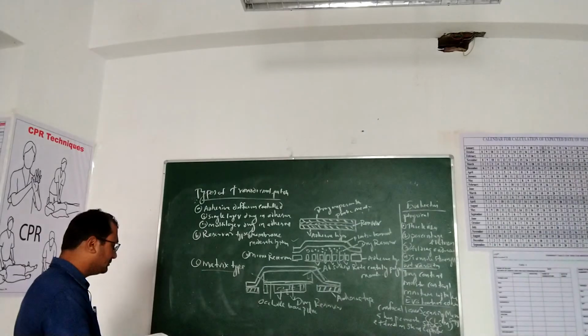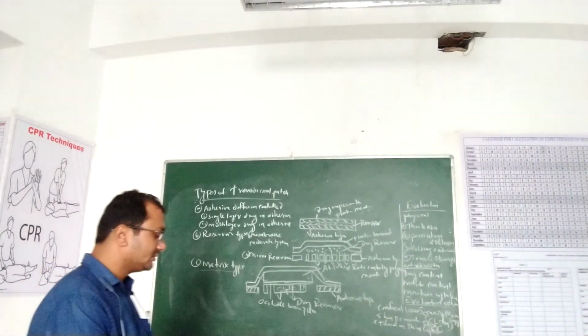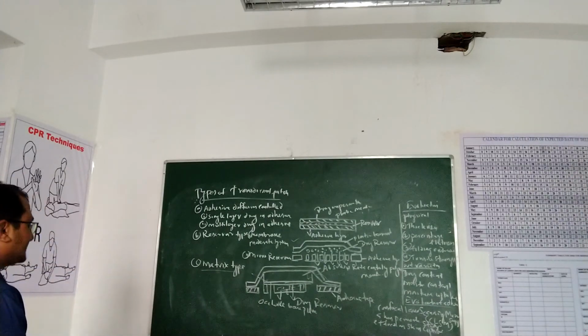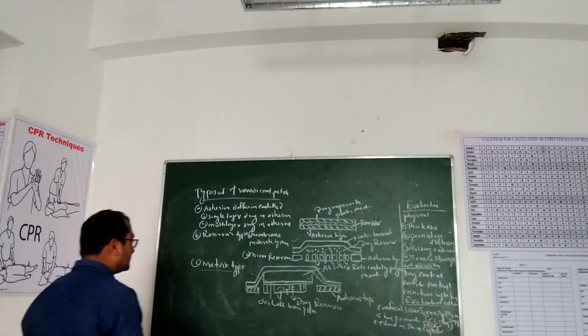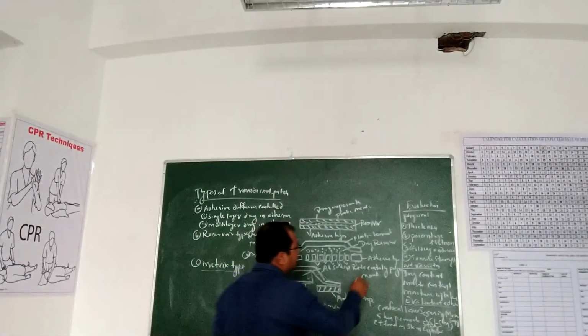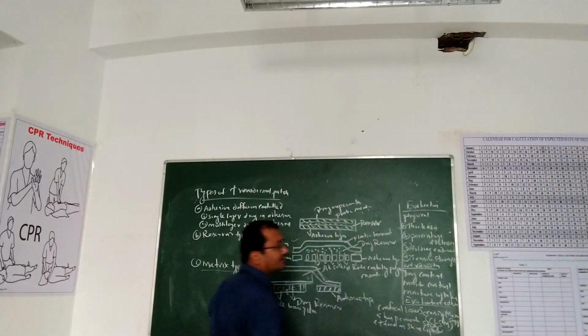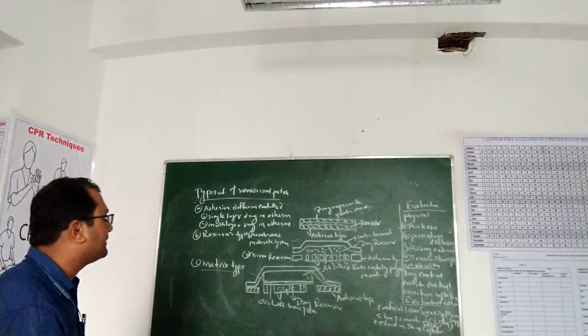Now we will discuss the evaluation of transdermal patches. In the evaluation of transdermal patches, generally you can see there are physical evaluation parameters. First one is the physical evaluation. In this, first one is thickness. First we have to determine the thickness of the transdermal patch.